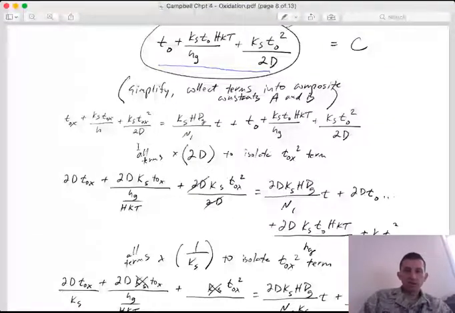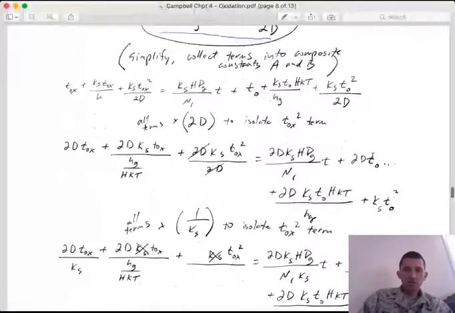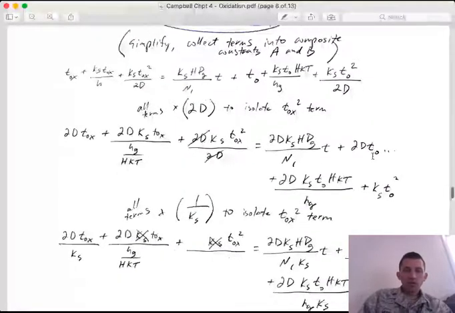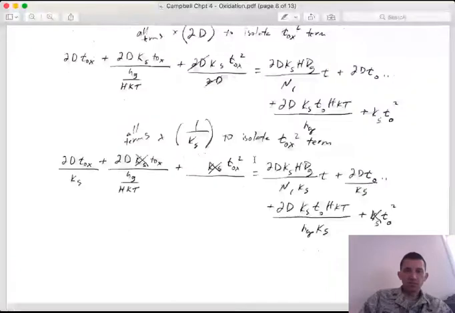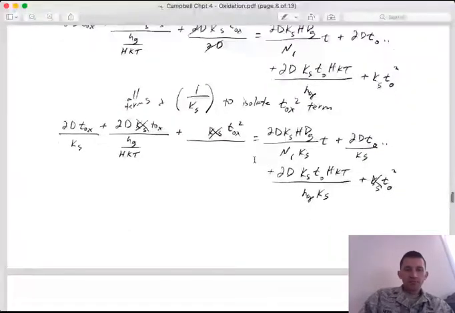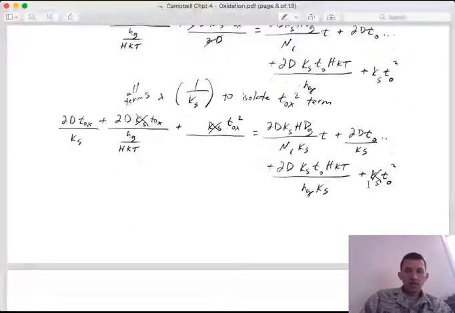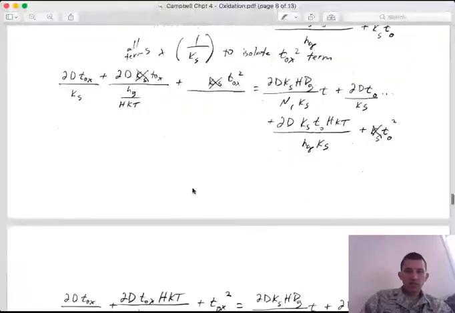That knocks out the denominator here and here. Next, I'll multiply all terms by 1 over k sub s to further isolate the Tox squared, so that's going to knock out the k sub s here, here, and add it to the other terms.